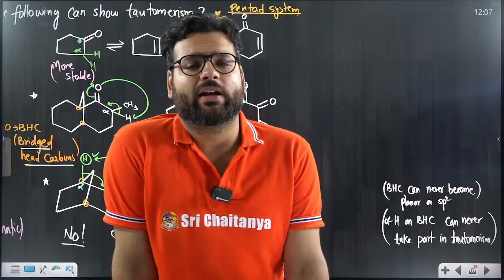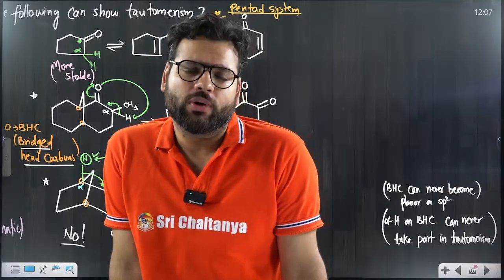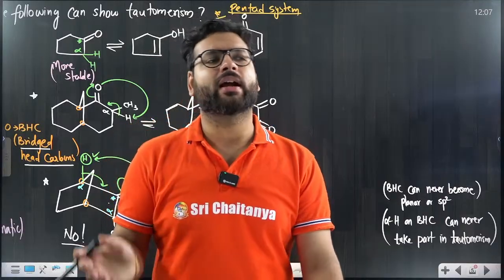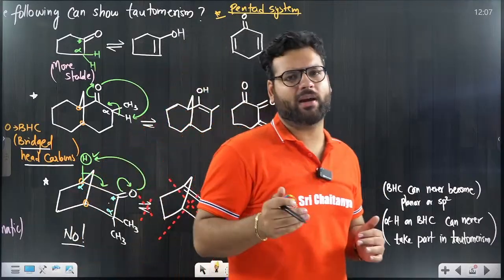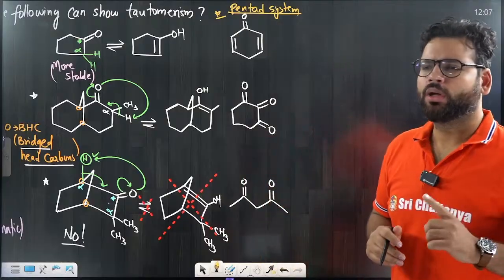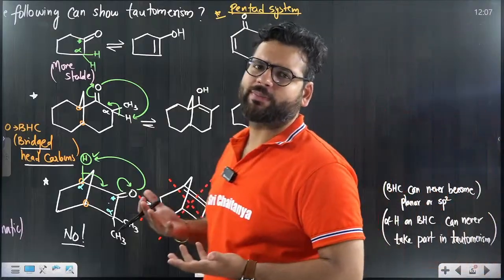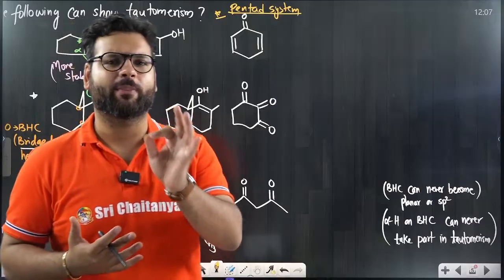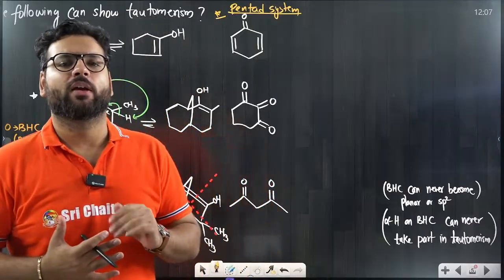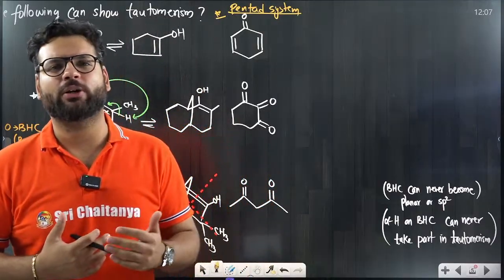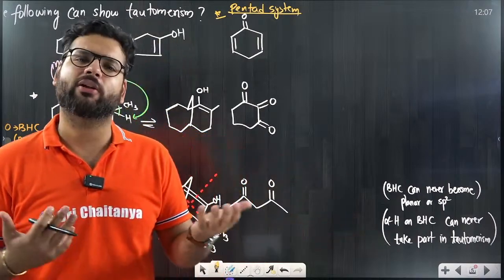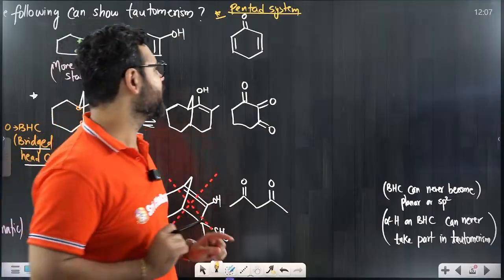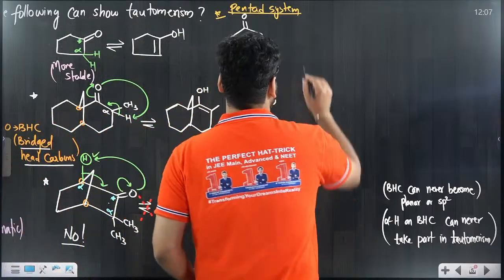Check gamma carbon. Alpha, beta, gamma. Alpha is sp2. So beta obviously will be sp2 because if a pi bond starts from alpha, the pi bond will go till beta. So don't lose hope. If alpha is sp2, check gamma. If gamma carbon satisfies the condition, then also tautomerism can happen. Okay, this is called pentad system, 1-5 shifting.